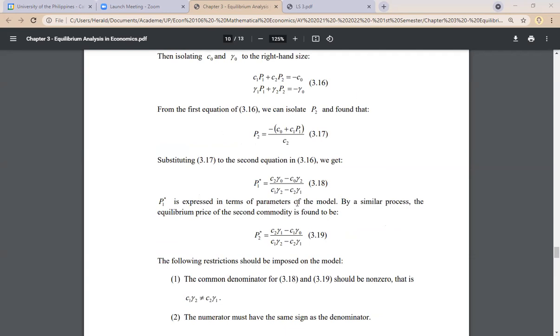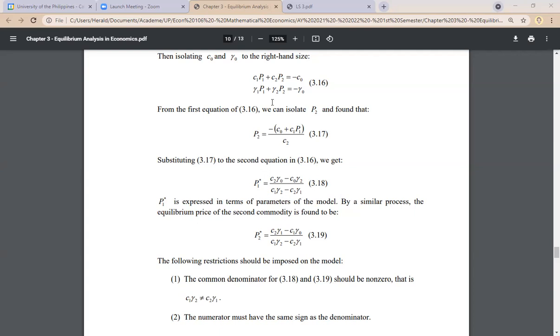Again, as you can see, we can reduce the single equations into two. Then we can go ahead and do the same substitution and elimination process. Isolate, just like what we did here when we isolated P2, and then we substitute P2 because we have an equation for P2 already. We can substitute it in the second equation in 3.16, leaving us with an equation to solve for P1 star. And we have a value for P1 star.